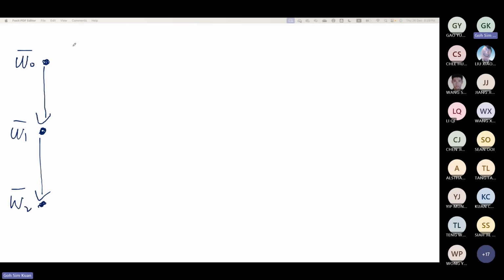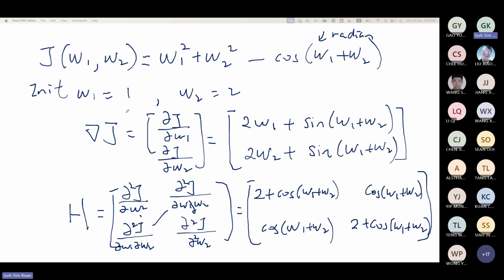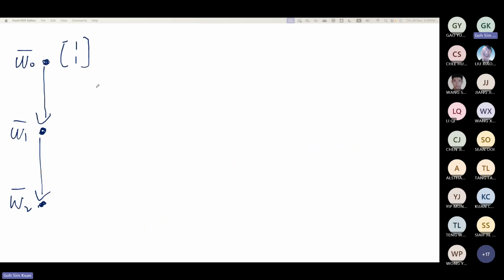So we started with values of 1, 2 at the beginning, because W1 and W2 are initialized to be 1, 2. Very good observation. We want to perform gradient descent with the gradient J of W0.